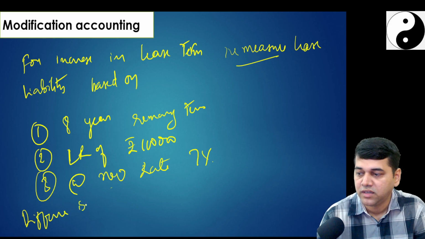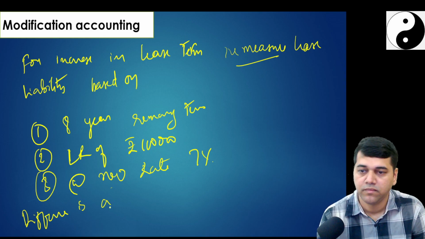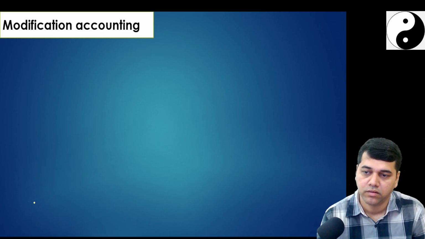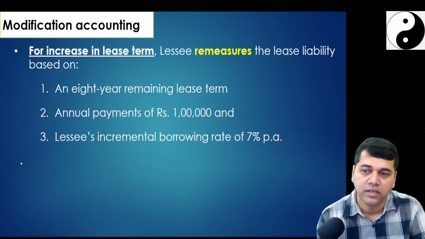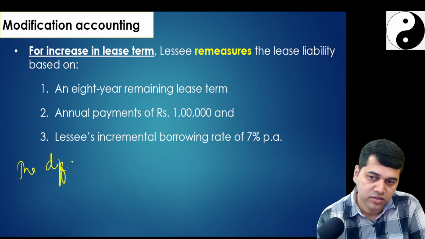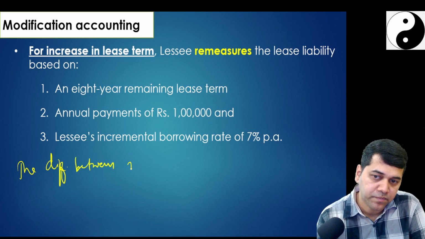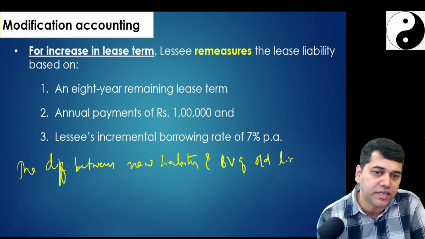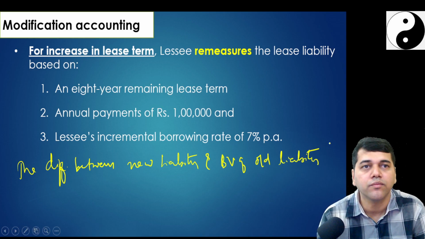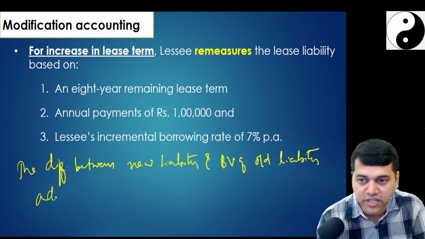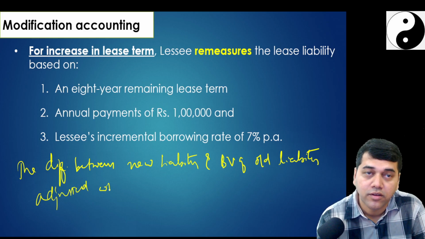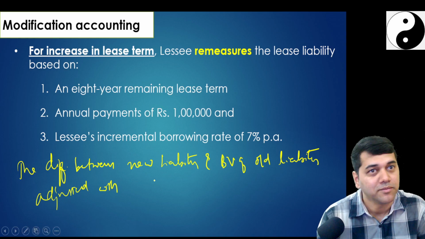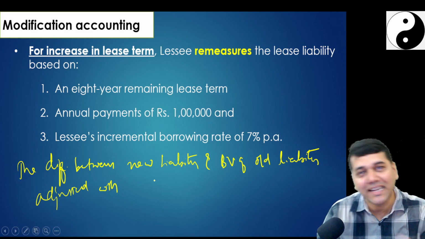The difference is, so you can write like this: the difference between the new liability and the book value of the old liability.